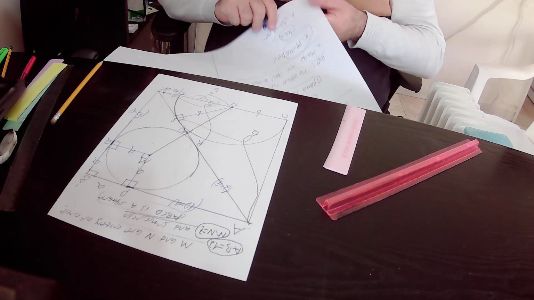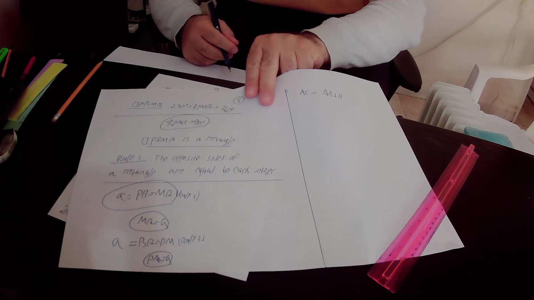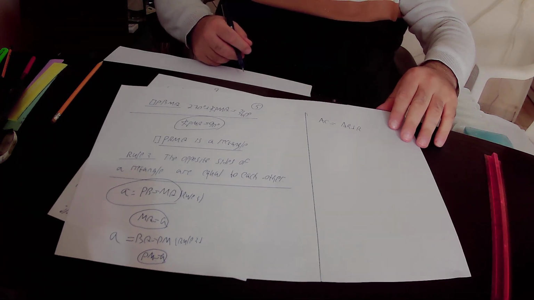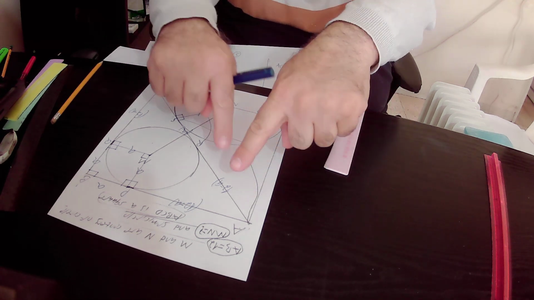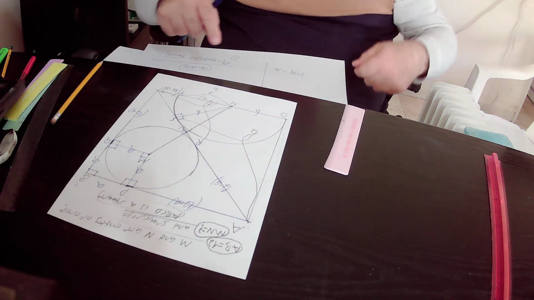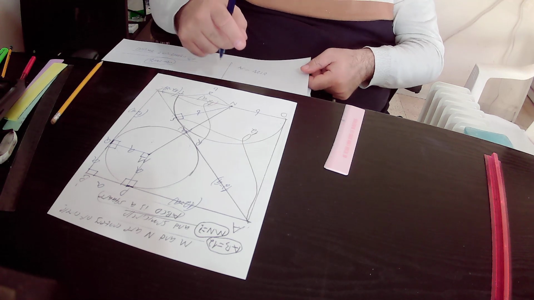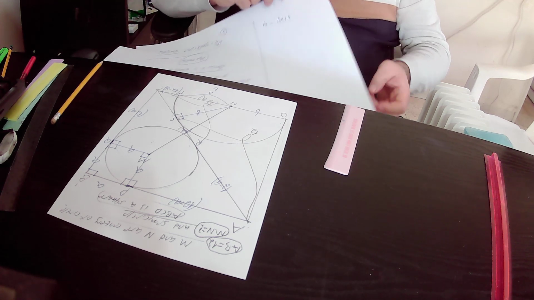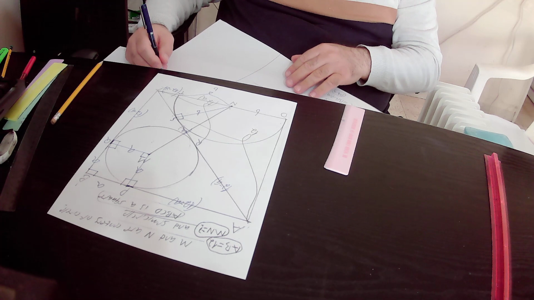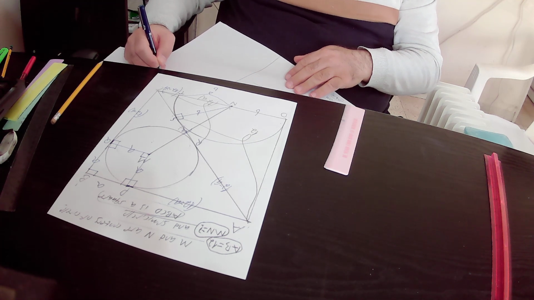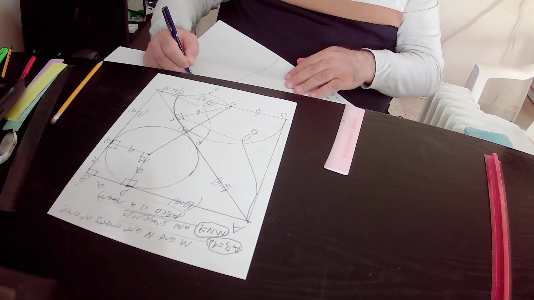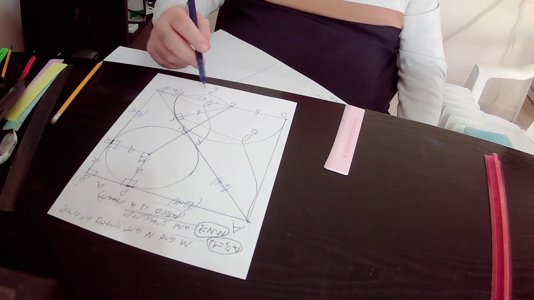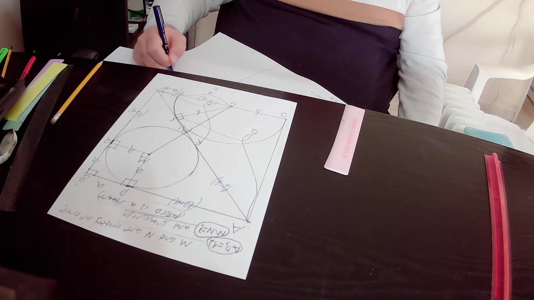Okay, AC, the diagonal AC equals AR plus RC. But AR equals 12 minus A. And we already found out that RC is also equal to 12 minus A.